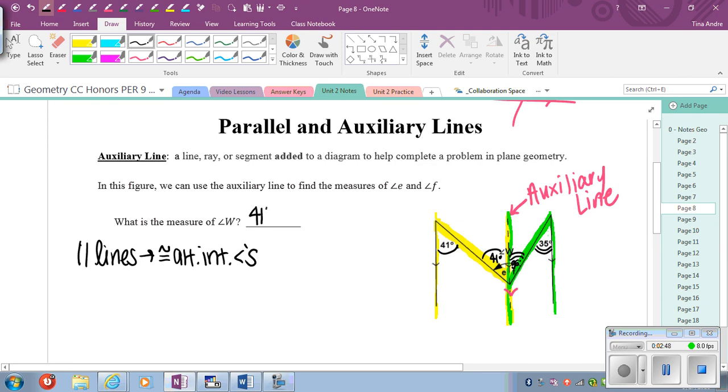So it's just going to be 41 plus 35 degrees, and that's going to give me 76. So that's my angle. Again, these auxiliary lines are lines or even rays or segments that we add to help us complete a problem, because we don't have enough information without the auxiliary line to be able to use our parallel lines cut by a transversal.